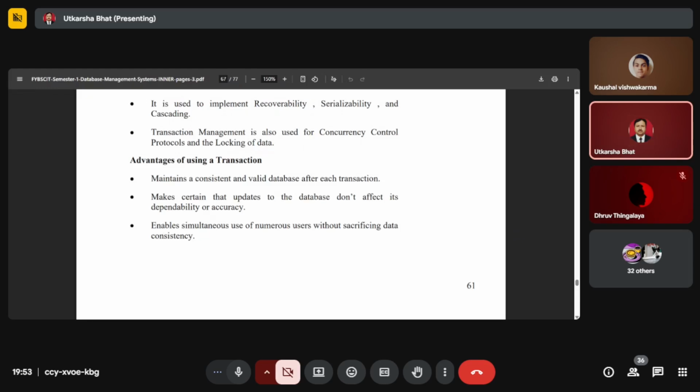Enables simultaneous use by numerous users without sacrificing data consistency.